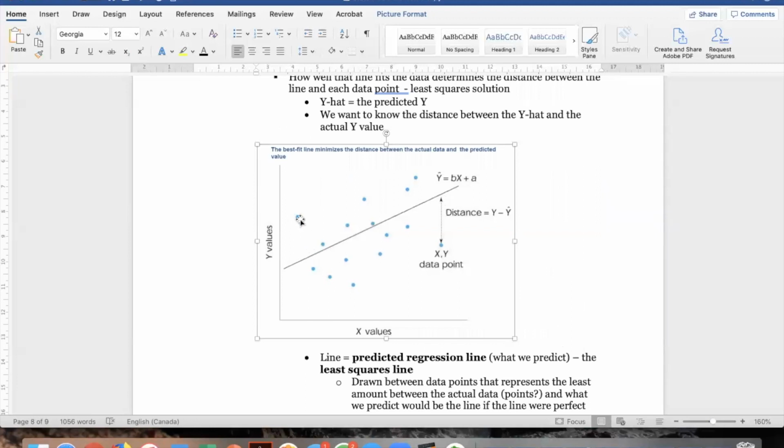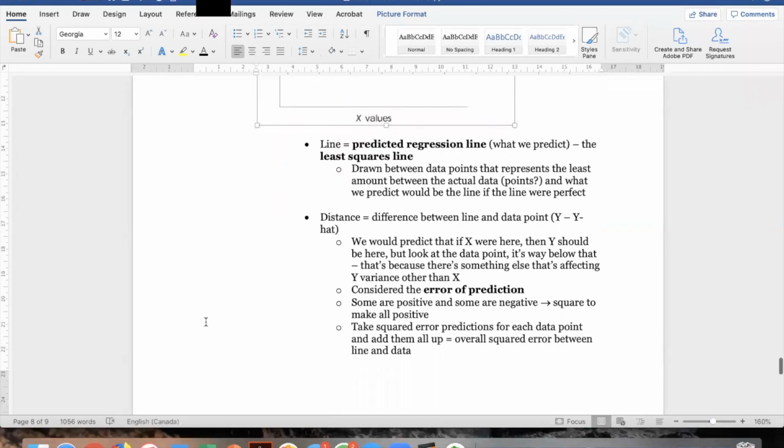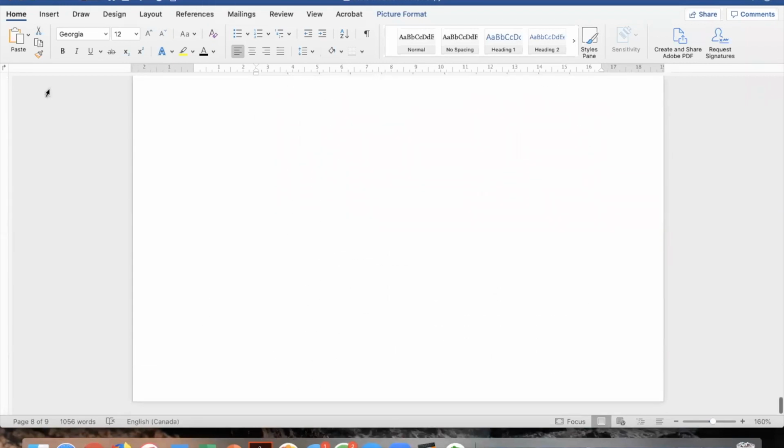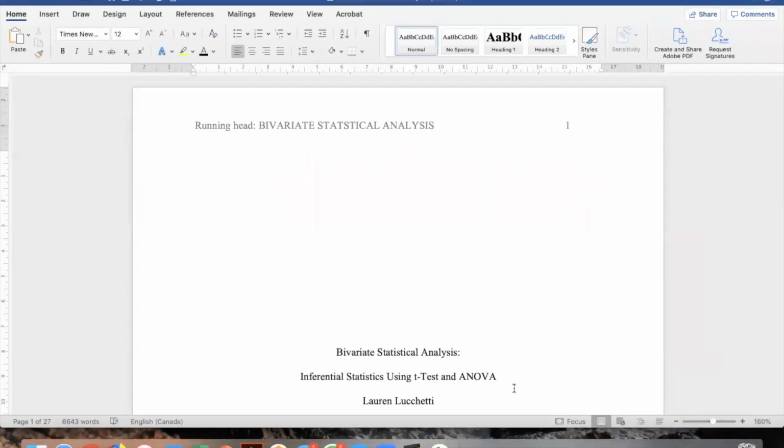The fact that they're still moving in the same direction means it's actually still significant. I think we talk more about that later, and I'm not sure that you need it for the assignment, so I don't want to go too bonkers.